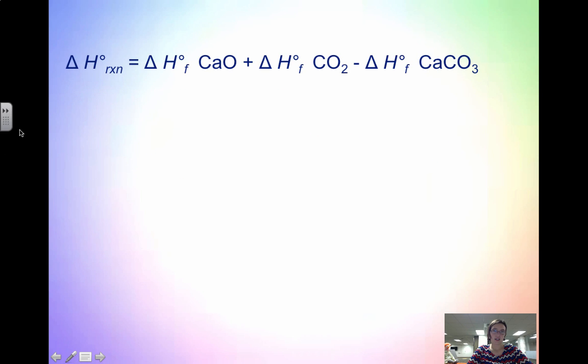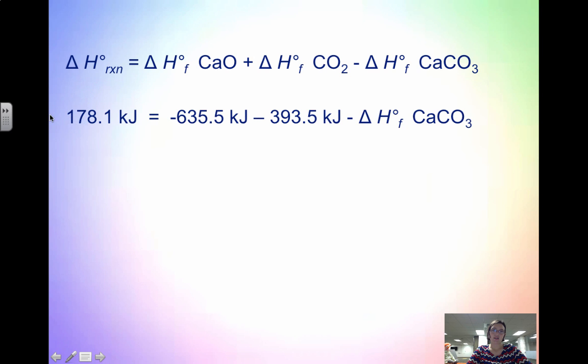Remember, heat of reaction is equal to the sum of the heats of formation of products minus the heats of formation of reactants. So plug in all of the information from the problem.